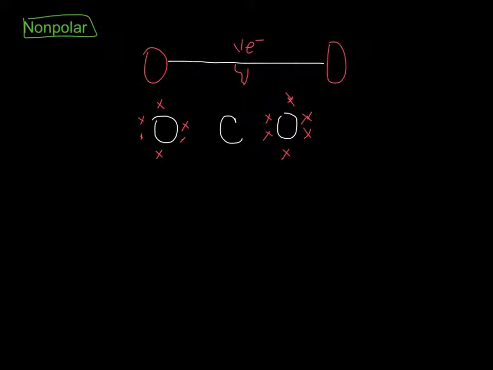In carbon, see if I can do some little dots here. No, it won't let me do it. Okay, carbon has 4 valence electrons.